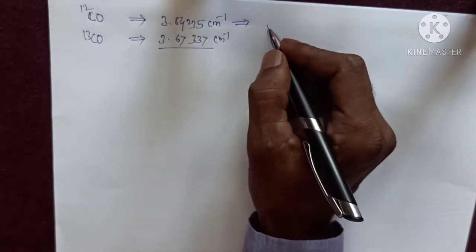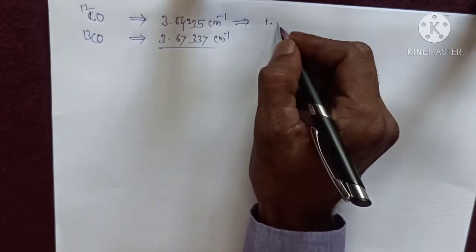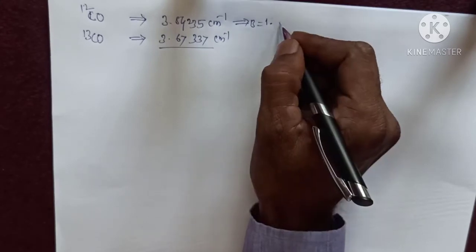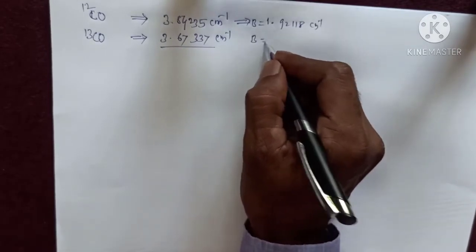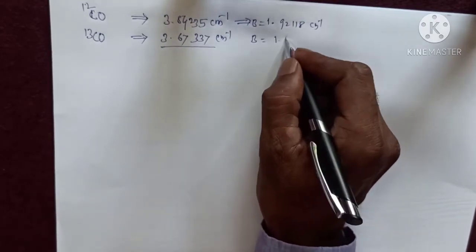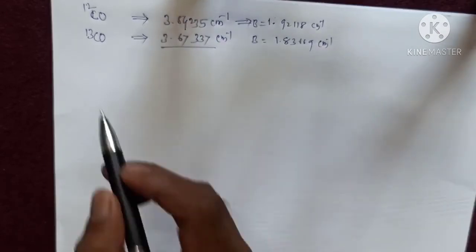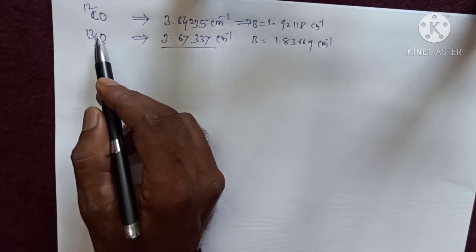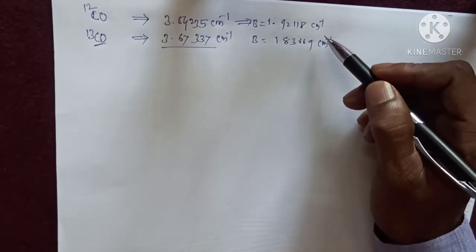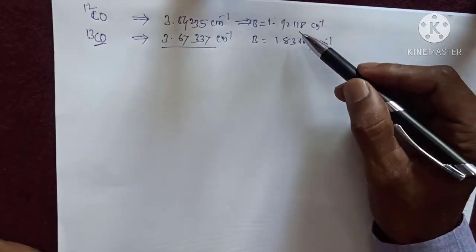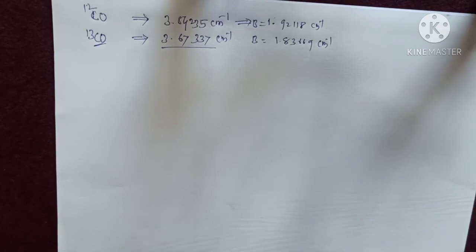Now what will be the value of B? It will be half of this, that is 1.92118 per centimeter, and the B dash value will be half of 3.67337, that is 1.83669 per centimeter. So if you replace one of the atoms with the same atom but with a different mass, the absorption line has a lesser value than the earlier one.